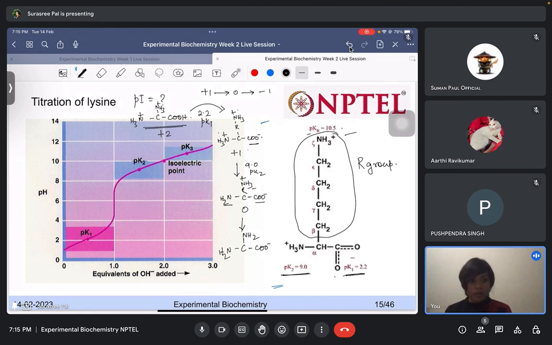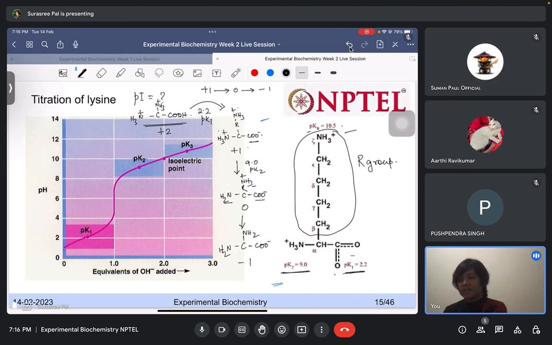The amino group has already lost its proton, so it is also uncharged, and the CO minus group has also lost its proton. So now what is the net charge of this molecule? Minus 1, right? And what is the pK here? 10.5, which is the pKr, right? So now let's look at it again carefully. When the molecule is changing from +1 to 0 to -1, what are the pKa values responsible for that?